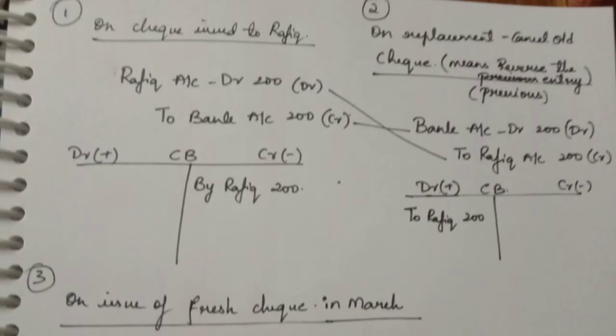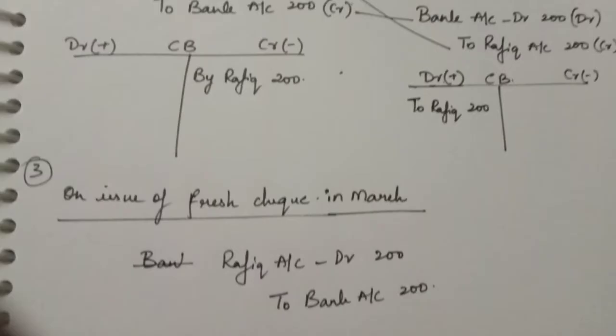And the third entry would be on replacement, that is when he is again issuing a fresh check to Rafiq as on today, then he will again record an entry in the cash book, that is Rafiq account debit to bank account. Okay, so now the overall effect is in opening balance already rupees 200 might have got recorded, means already might have got accounted for.